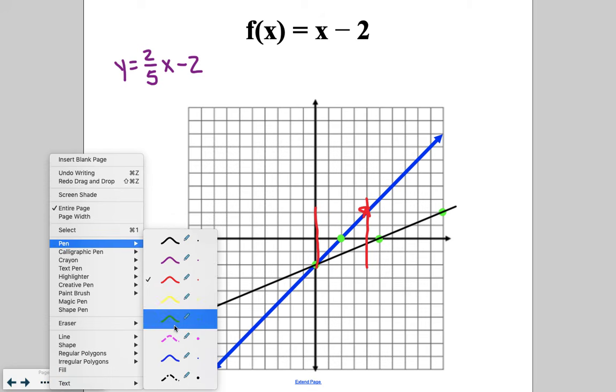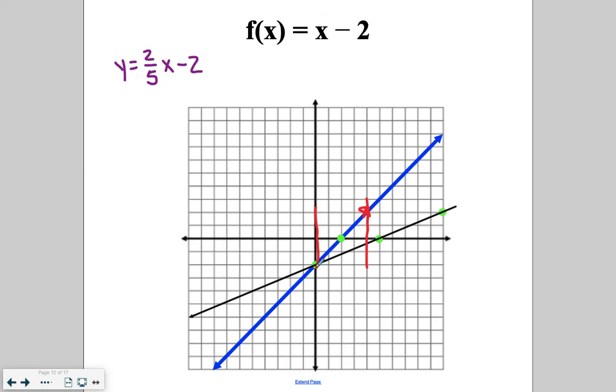In this new line, this 2/5 x minus y line, it took us from 0 all the way to 10 to reach a point of y equals 2. So we took what used to be in this little red space and we stretched it out so that it's now taking up this whole green space.